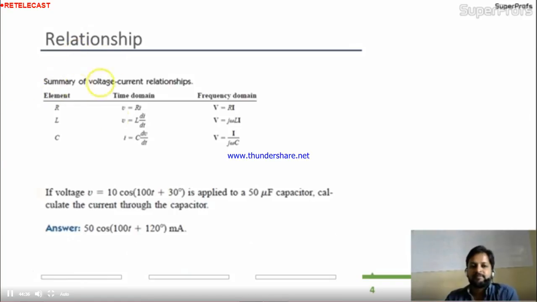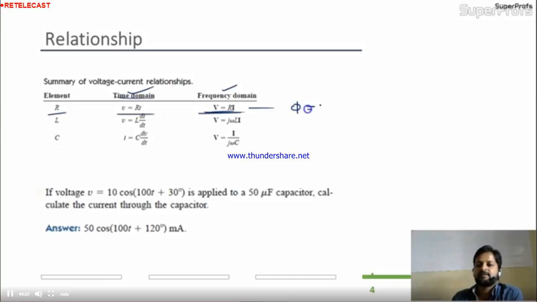Now, the summary of the voltage-current relationships. Element R: here the time domain, here the frequency or phasor domain. The relation between voltage and current for the resistance is V equals Ri. In the frequency domain, the same thing, V equals Ri. We have seen the phi angle is 0. Now come to the inductor.